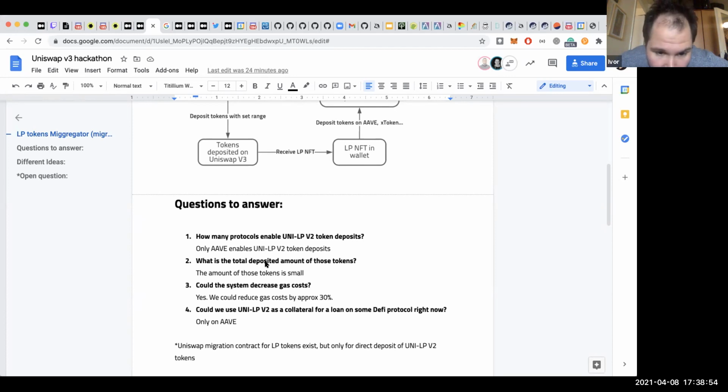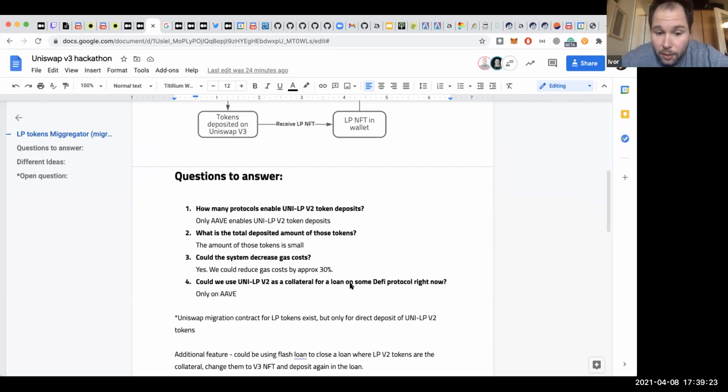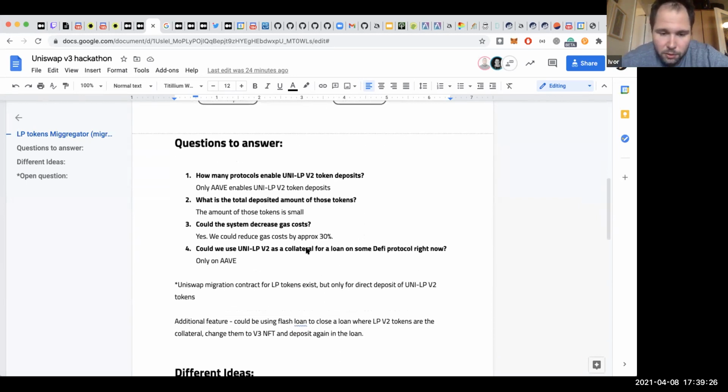So we found out that it will decrease the cost by approximately 30%, because you deposit two tokens together. When you take LP tokens from V2, that's a pair of tokens, for example ETH and DAI, and you deposit them together. And if someone does it step by step with his MetaMask account, it will deposit those tokens in 2 steps. So that could be some kind of gas cost decrease.